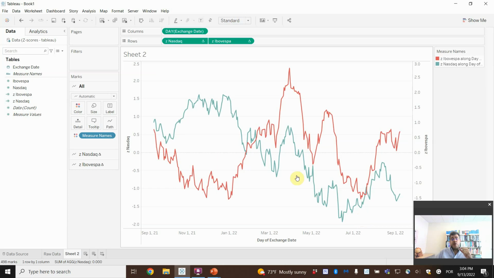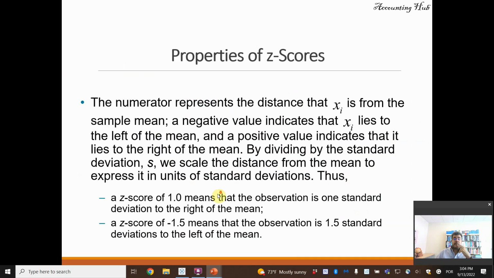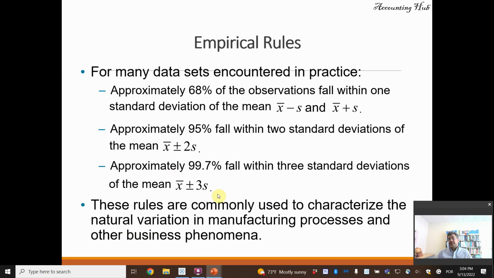The closest to zero, the less volatile they are because approximately 68% of the observations fall within one standard deviation, so between -1 and +1, 95% between -2 and +2, and almost 99.7% between -3 and +3.